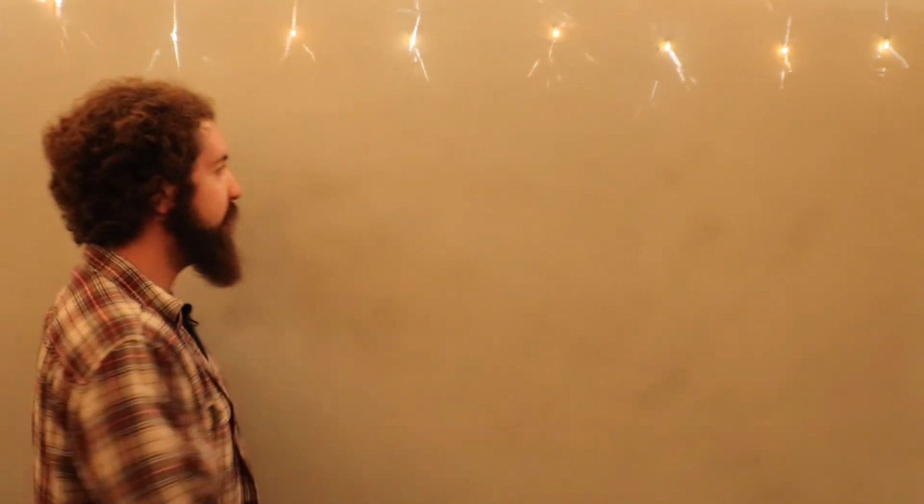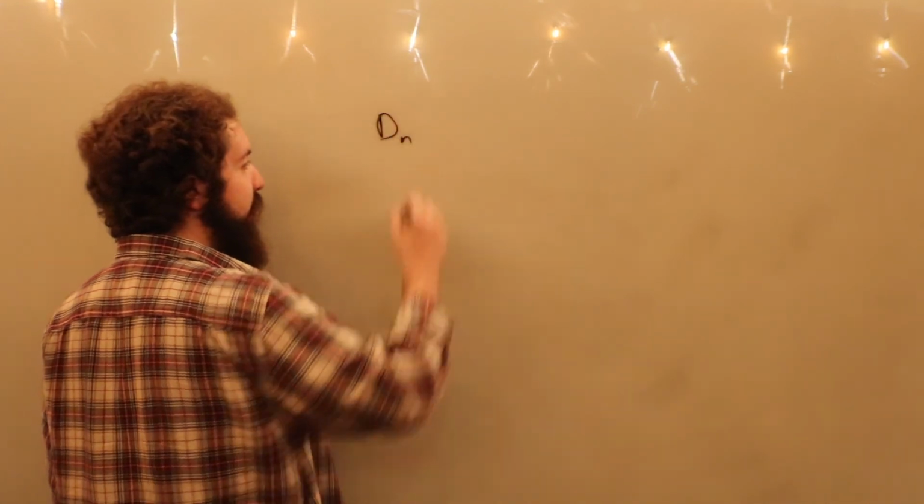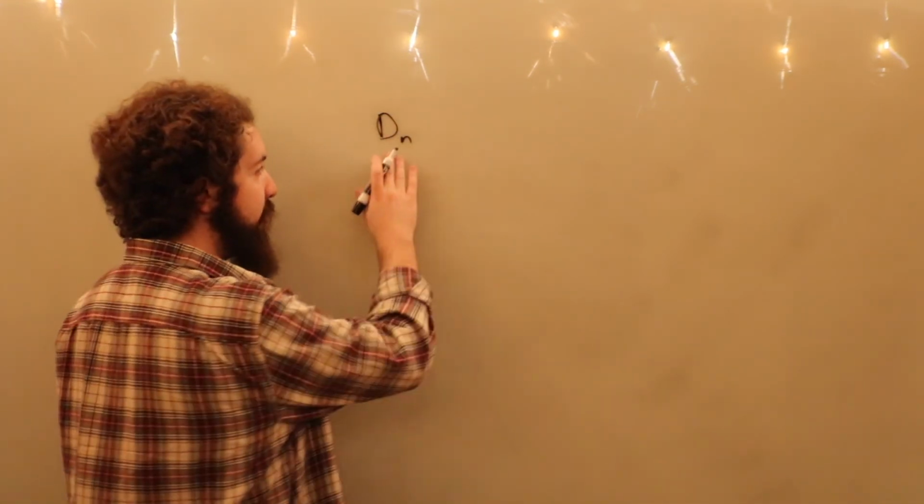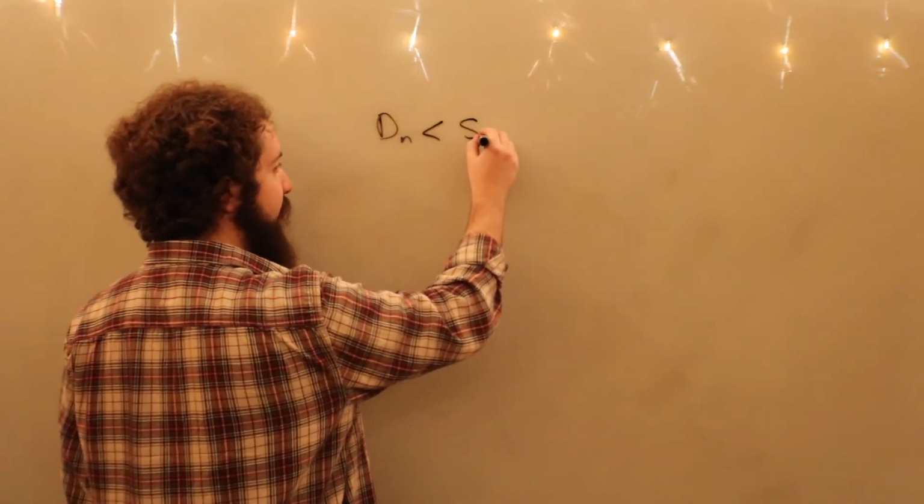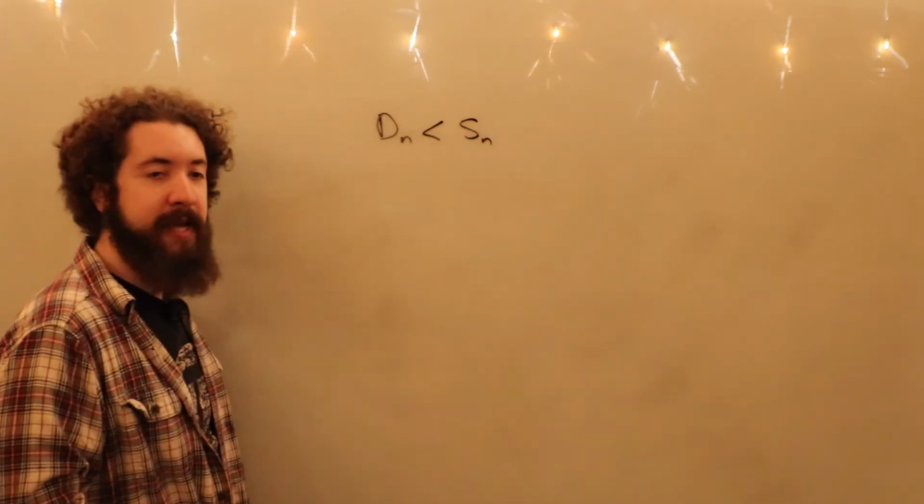If you're interested in the case of n not equal to 3, generally the dihedral group of order n is a subgroup of the symmetric group of order n.